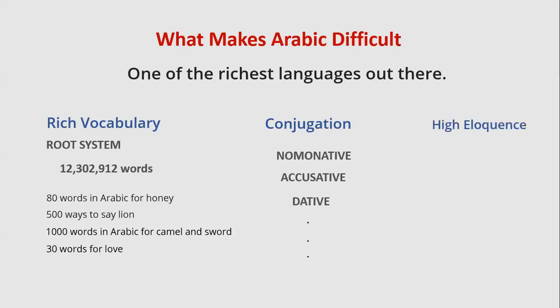Also, Arabic is difficult in terms of high eloquence. High eloquence means that we have more figures of speech, more similes, more metaphors, which make meanings difficult for people who are studying the Arabic language. But don't worry.